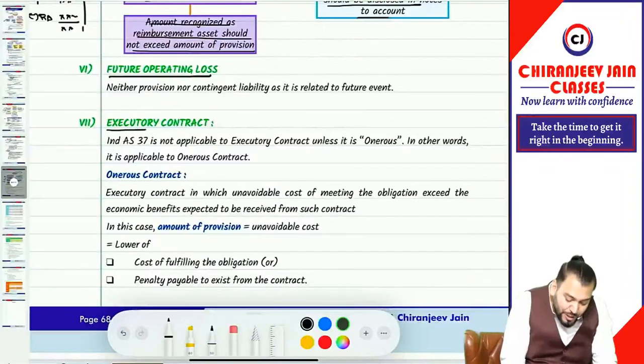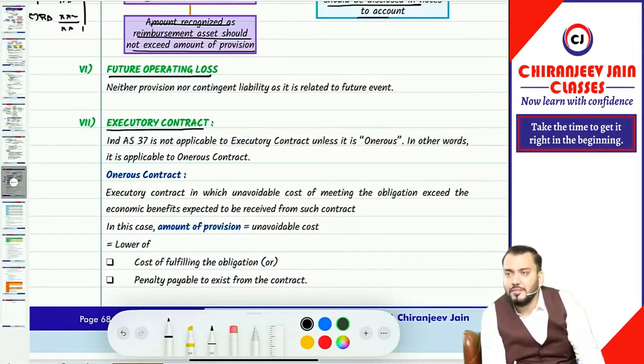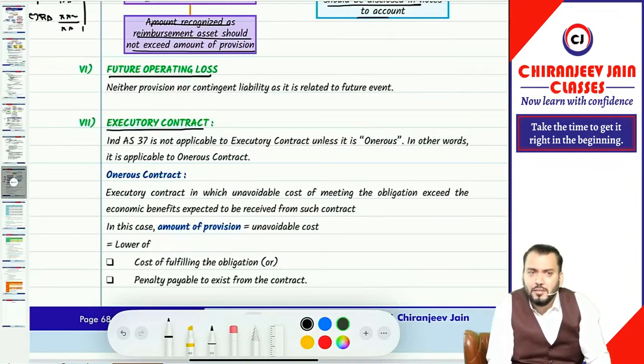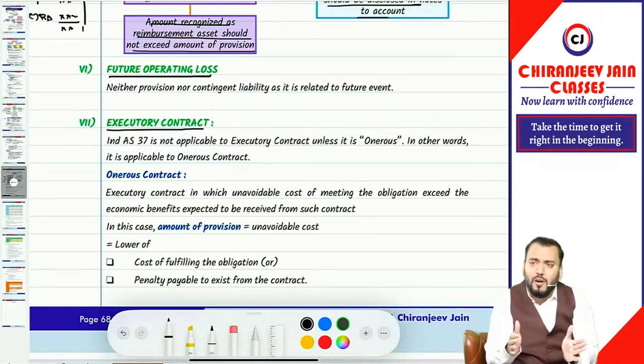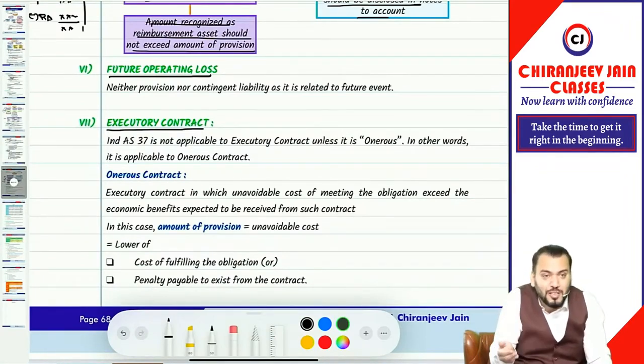Coming to executory contract. Do you know about executory contract? You have done the Contract Act. Executory contract means any contract which is performed either partially by both the parties or not yet performed by both the parties.